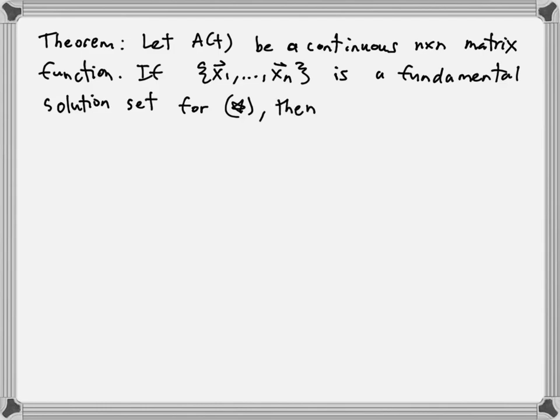Then the Wronskian of t is not equal to 0 for all t in I. So what we're saying is that if you have a fundamental solution set, then the Wronskian can never be 0.